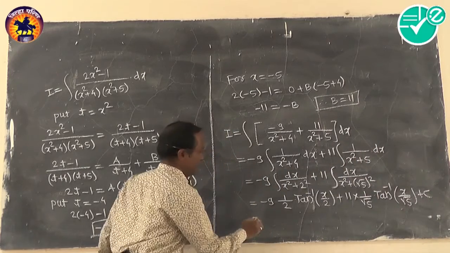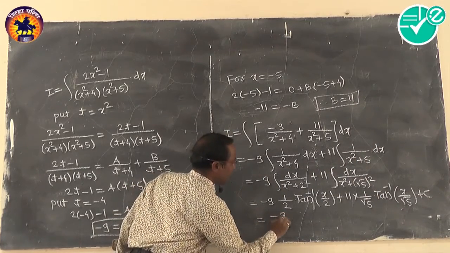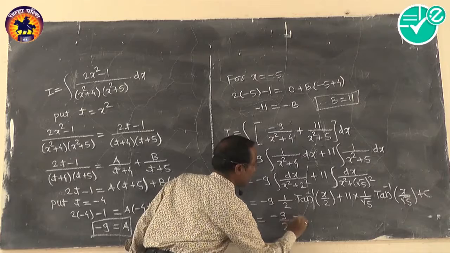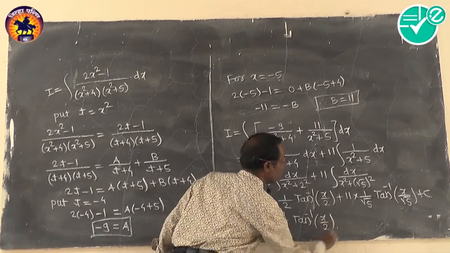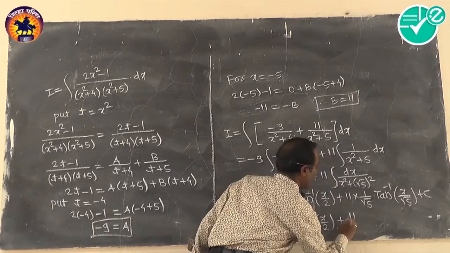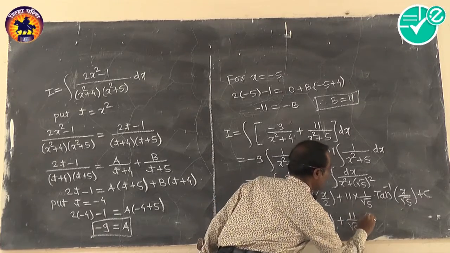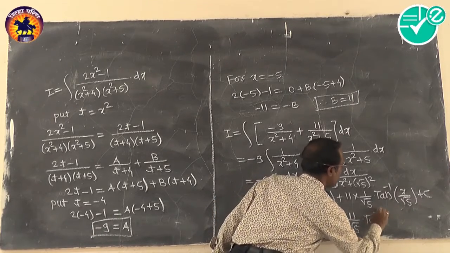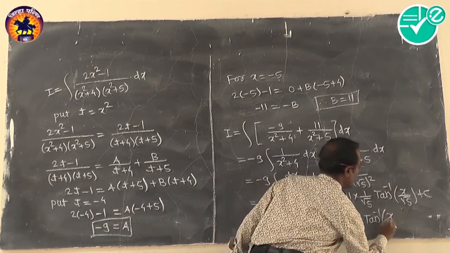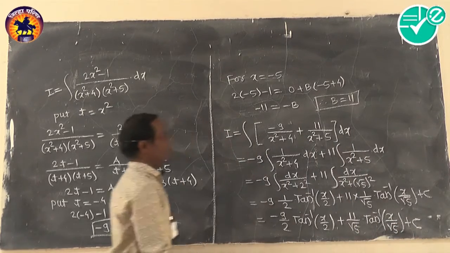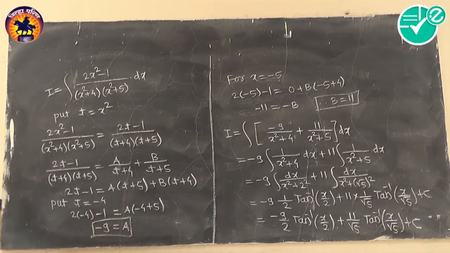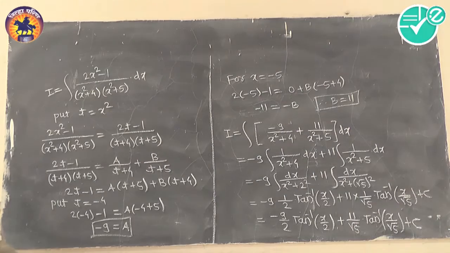So this can be written as minus 9 by 2 into tan inverse of x by 2 plus 11 by root 5 into tan inverse of x by root 5 plus c. So this is the solution of this example.